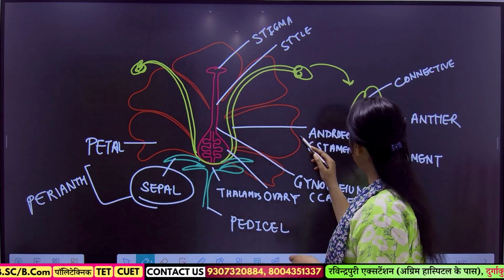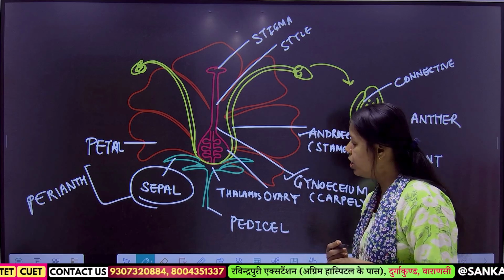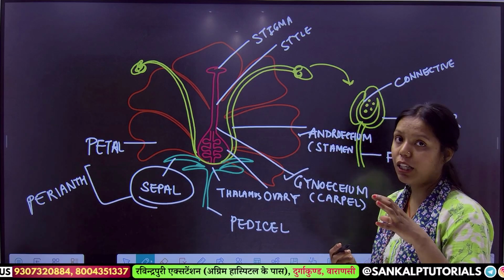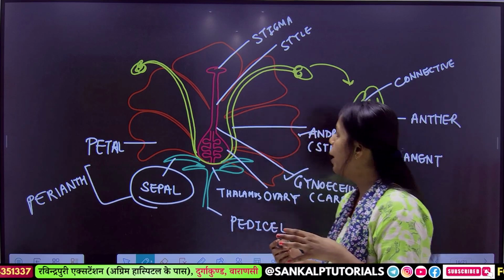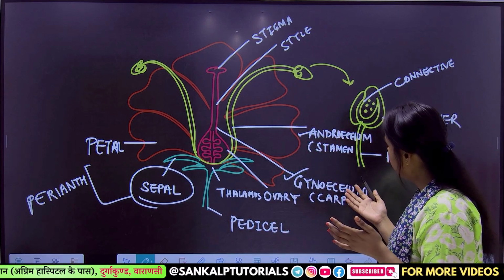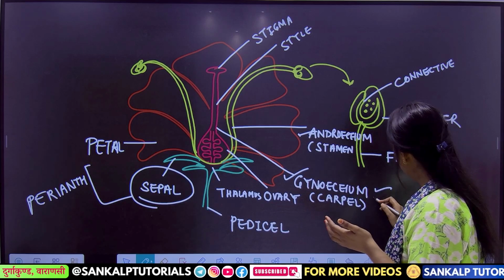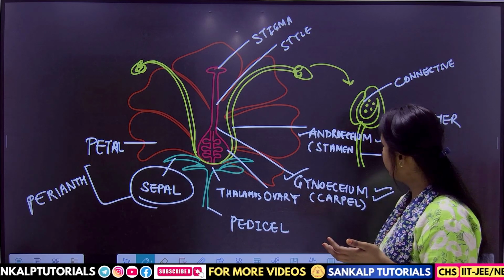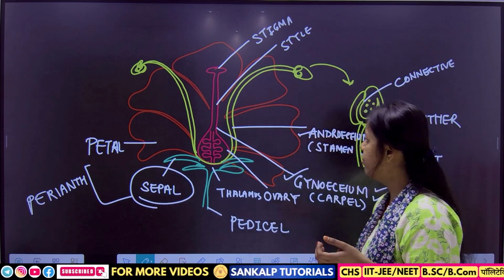After that, androecium and gynoecium are the major sexual organs in flowering plants, because without androecium and gynoecium, sexual reproduction does not take place in flowers.